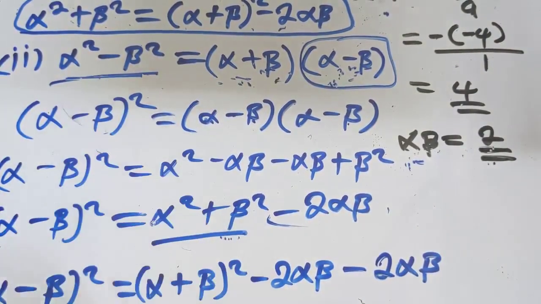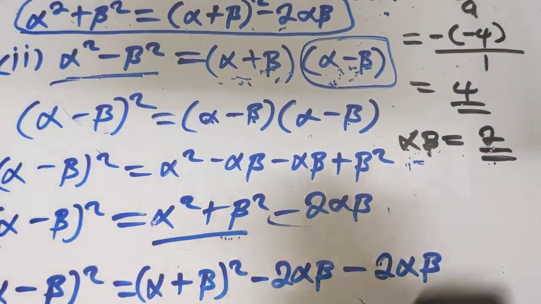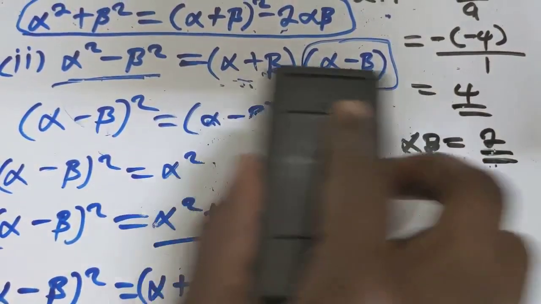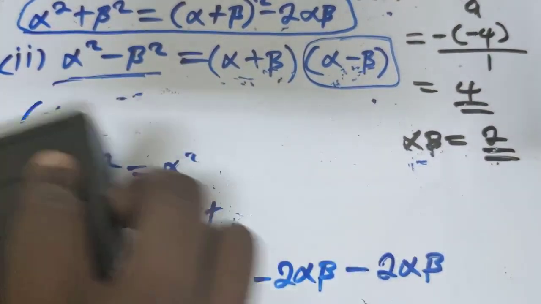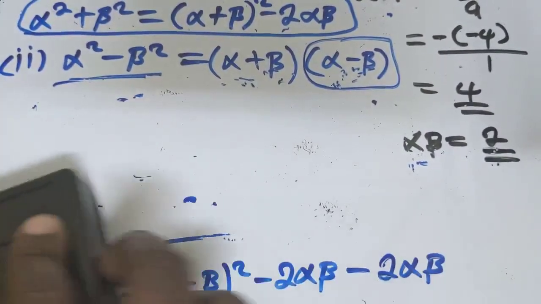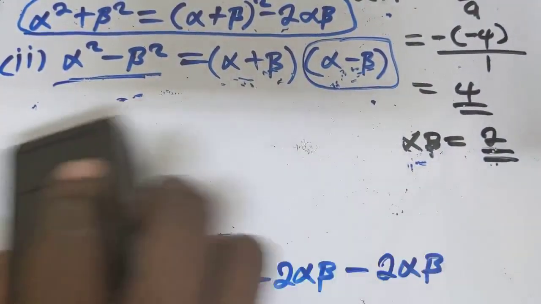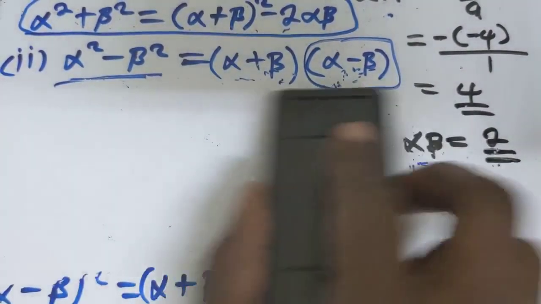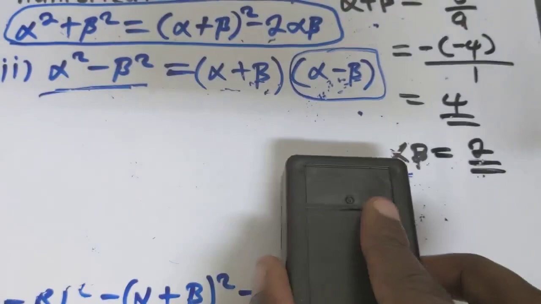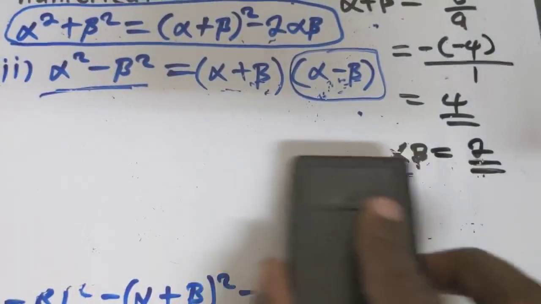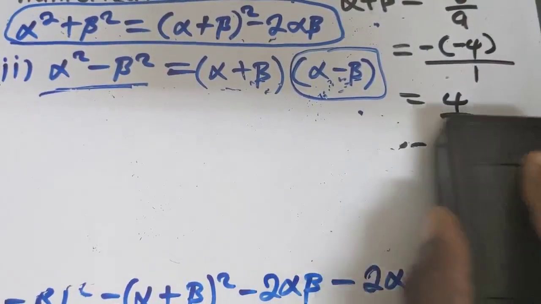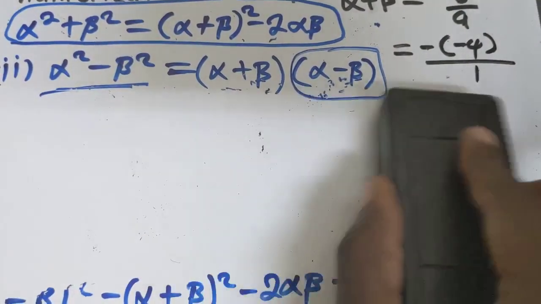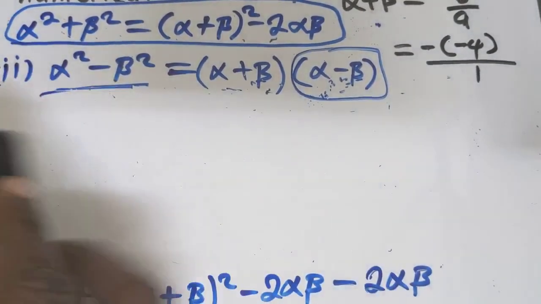So we have this. Let me just create some space right here. I hope you are understanding and you have gotten the point there. Let me create some space so we know the product and the sum.